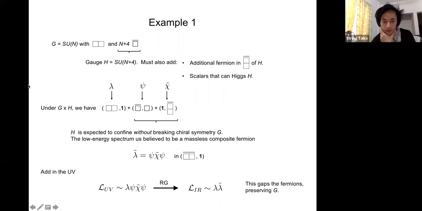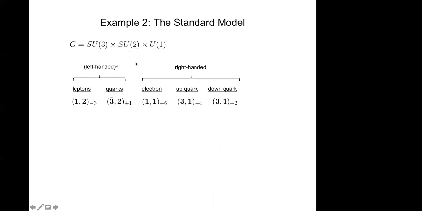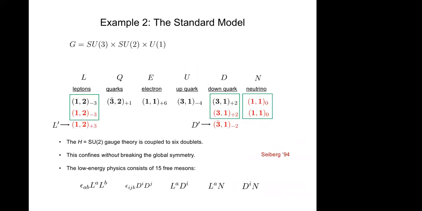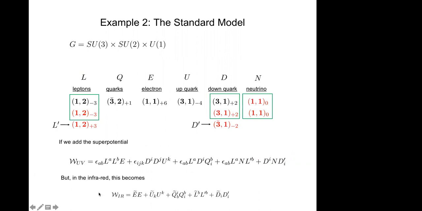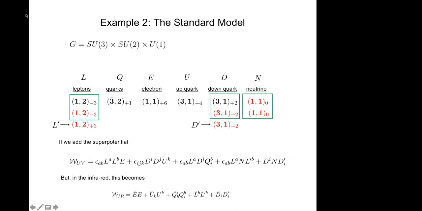Any more questions for David? Sorry, in your effective Lagrangian, in the infrared Lagrangian, you have the electron term and lepton term. So electron and lepton, what is lepton if it is not electron?